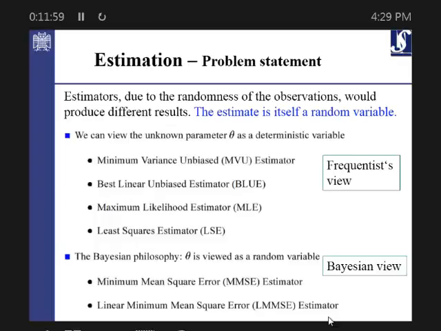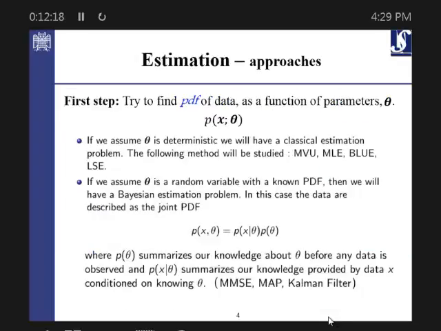Then we have the linear MMSE estimator, and the most important, which I forgot here, the MAP estimator, maximum a posteriori estimator. But I will explain in the slides, even though I dropped it here. So we have these two different views, categories, and all the techniques that come afterwards.